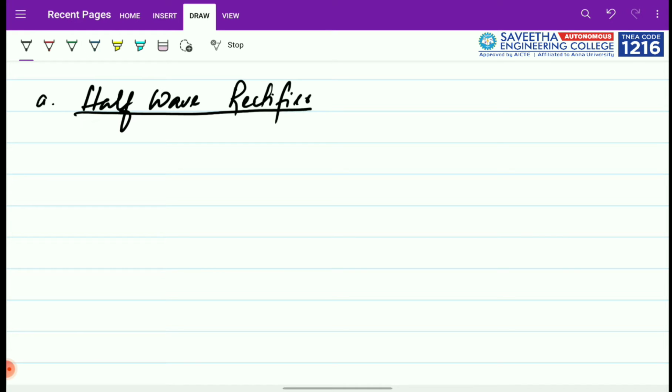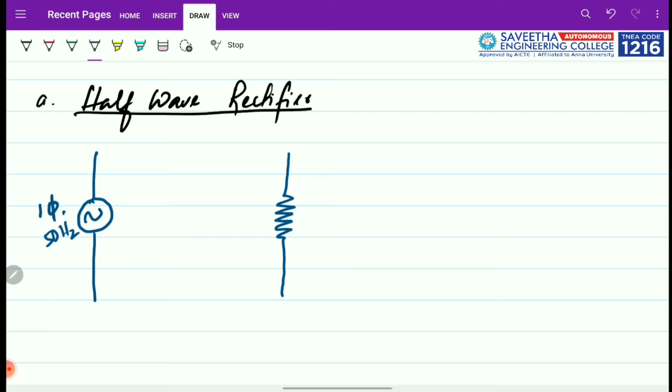Eventually, say I have an input supply which is a single phase AC supply of 50 hertz, and I have a load here which is resistive in nature. I mark it as RL. I want this load to always operate on a DC supply, but I am given an AC supply.